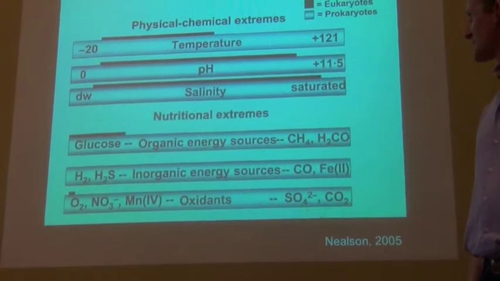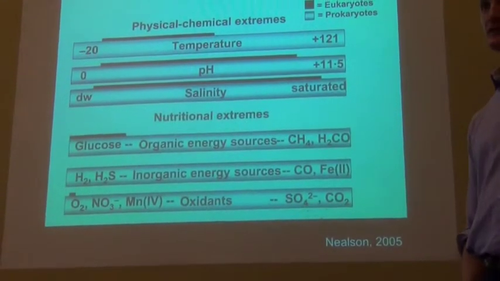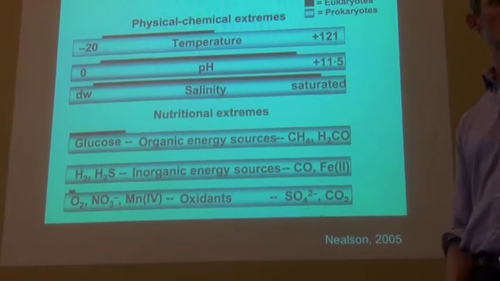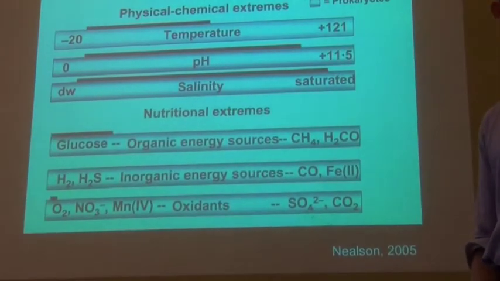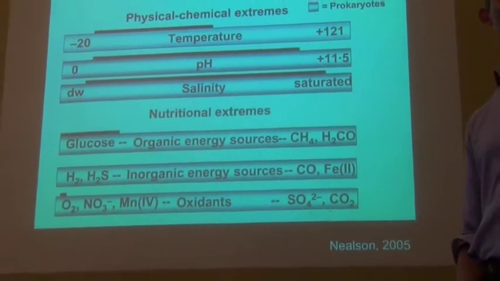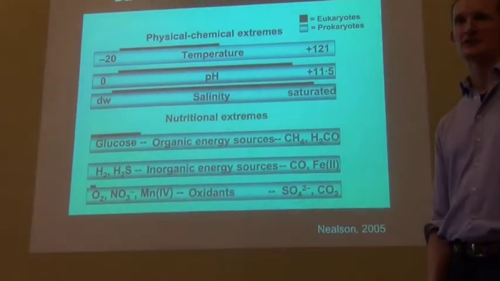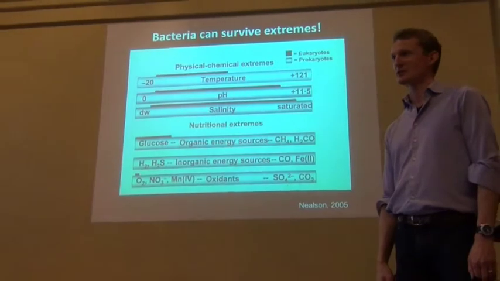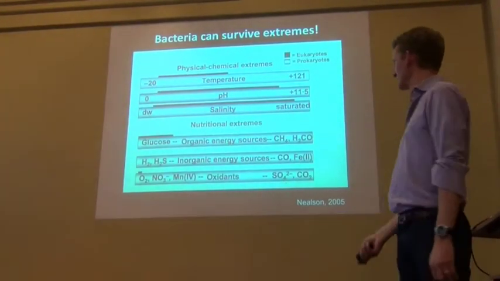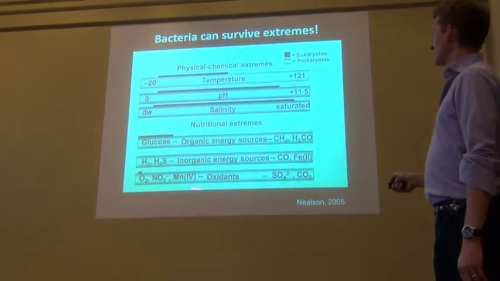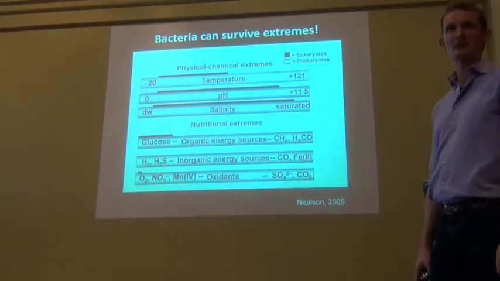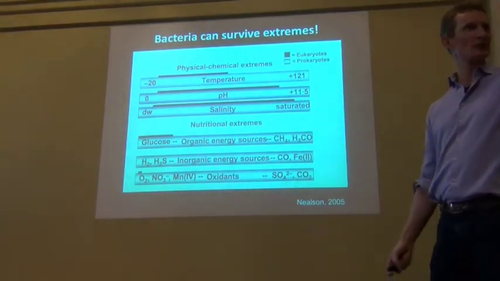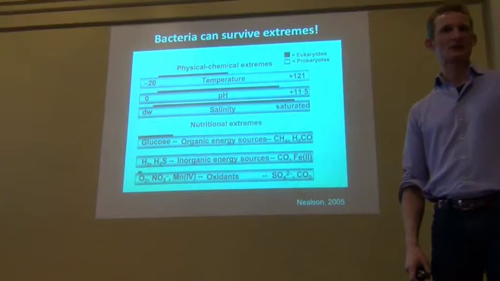And they breathe with lots of different chemicals. So we breathe with oxygen and we produce carbon dioxide. Well, bacteria can breathe with iron, or they can breathe with uranium, or chromium, or sulfates, lots of different chemicals. And the things they do are really remarkable. People have only known about this for 20 years or so, but it's incredible when you look at it.